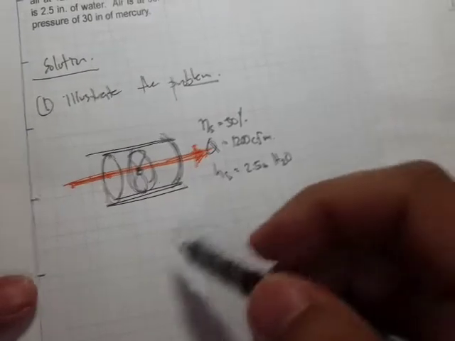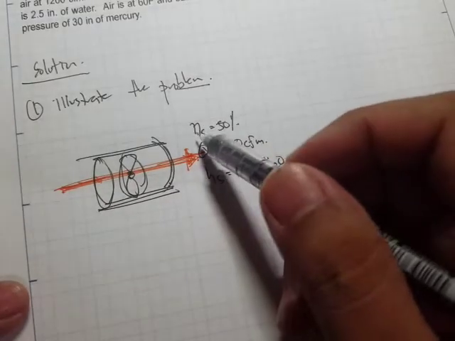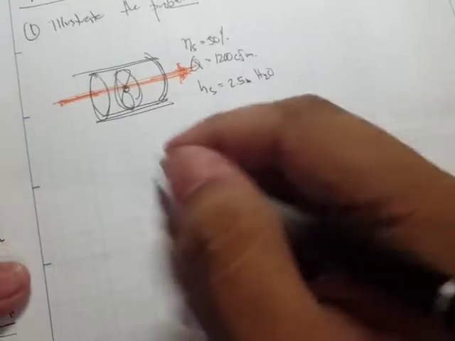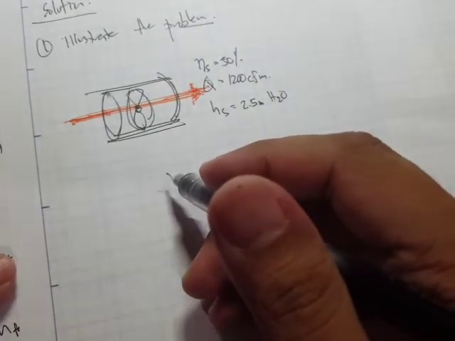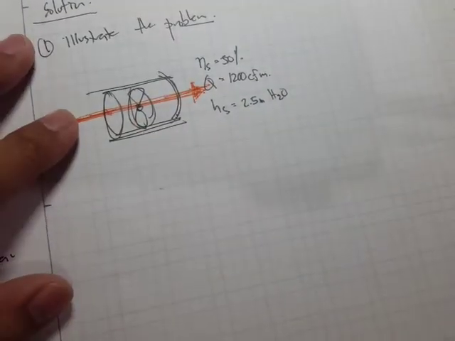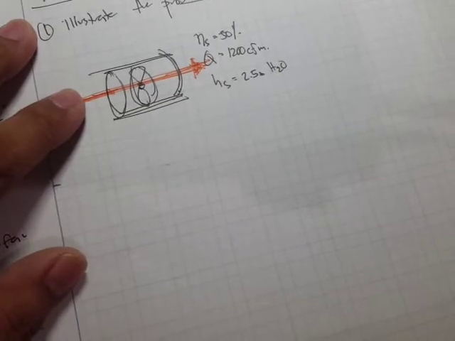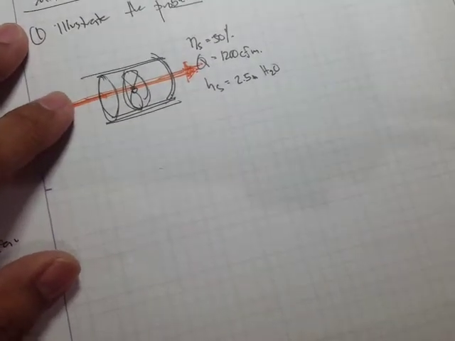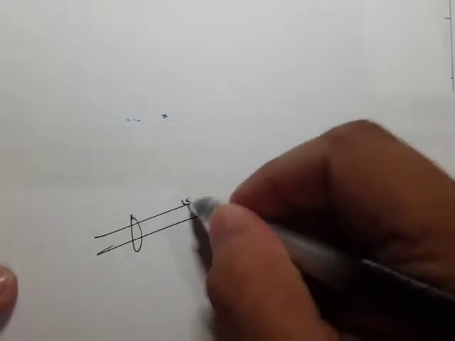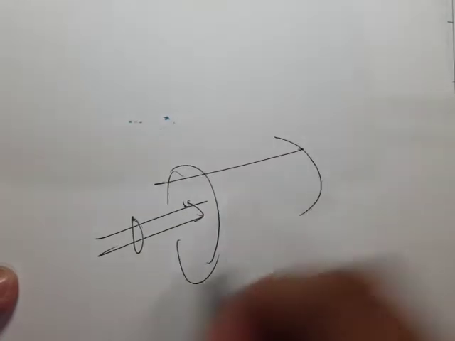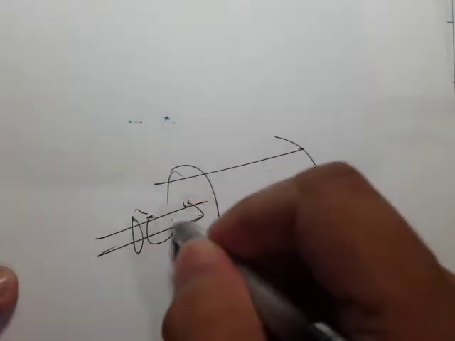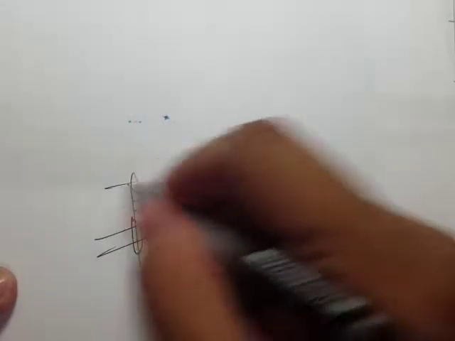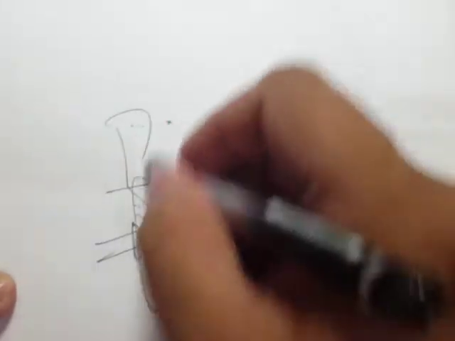Okay, so we are asked to solve for the brake horsepower. And recall that when we say brake horsepower, let's say here's our fan, and here's the electric motor. In this fan, we have this hub, and then we also have these blades right here.